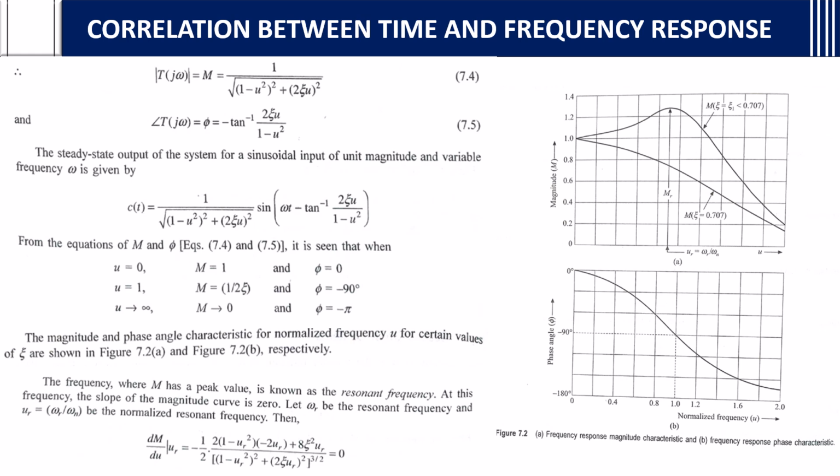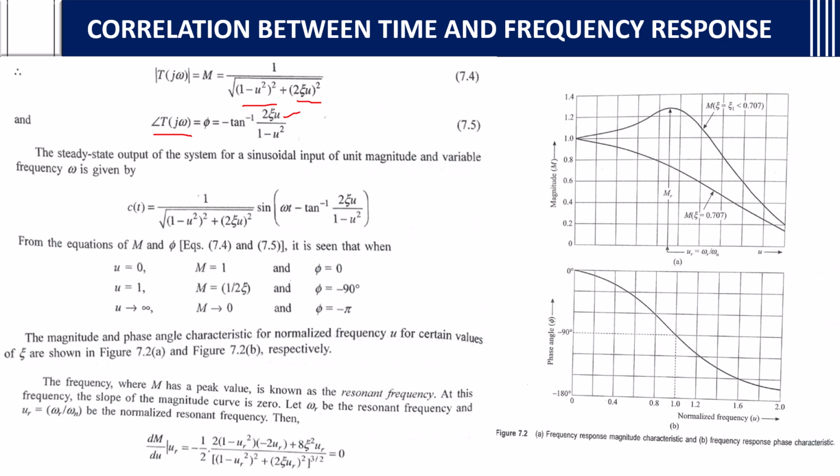After that, the angle of T of j omega, phi, equals minus tan inverse of 2 xi u by 1 minus u square. You can write the angle like that.